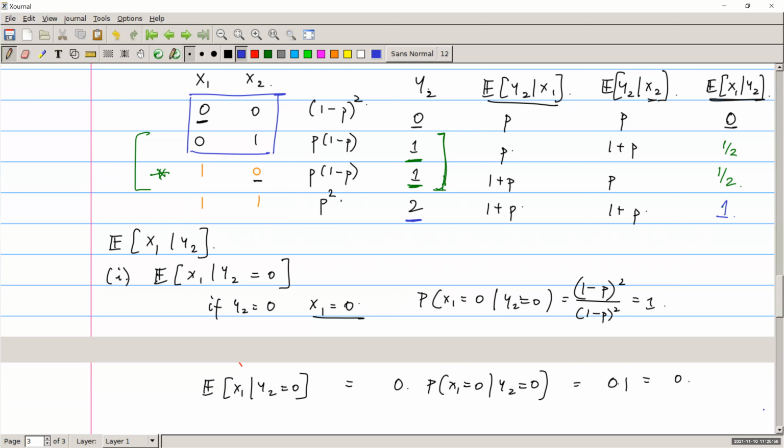Conditioned on y2 equals 1, both of them have equal probability, 1/2, because 0 1 has probability p times 1 minus p, but so does 1 0. Both have equal probability, and that's why we get a 1/2 here. This will be our estimate of x1 if you see y2. So does that make sense?